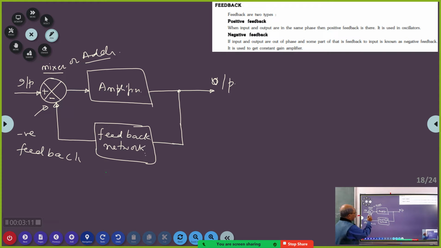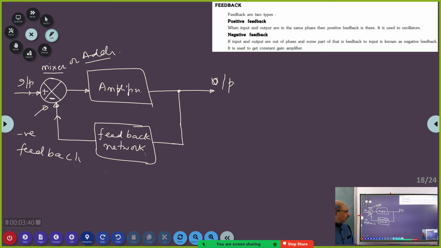This feedback signal I am adding to the input which is out of phase, and therefore I am writing it as minus. Did you capture this sign convention that I have put here? You have to say yes, no, wait sir, we didn't understand, some response.